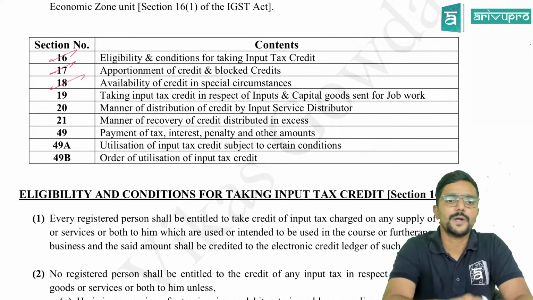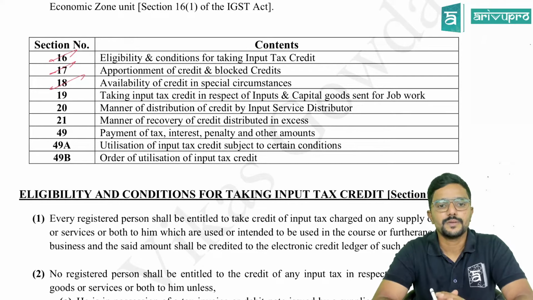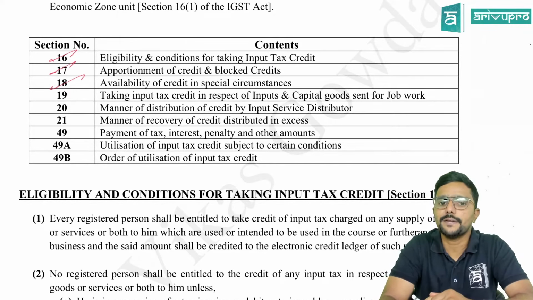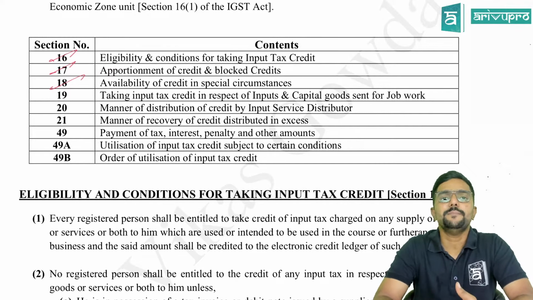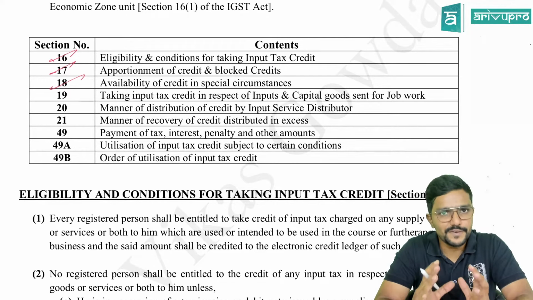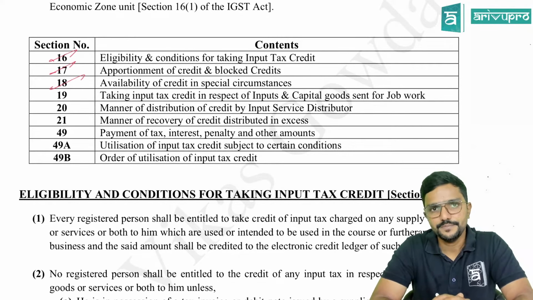Clear? Okay. Then write section 20. Manner of distribution of credit by input service distributor.